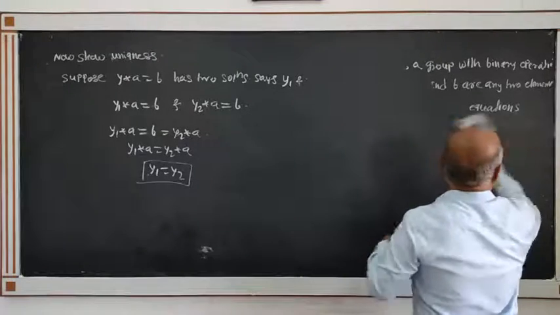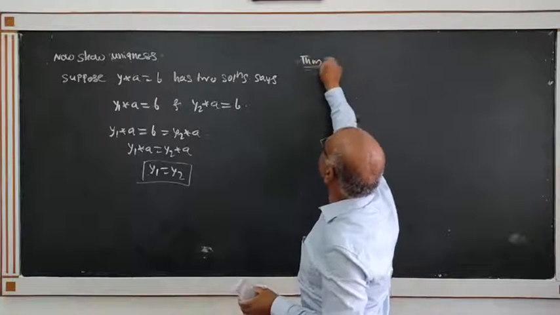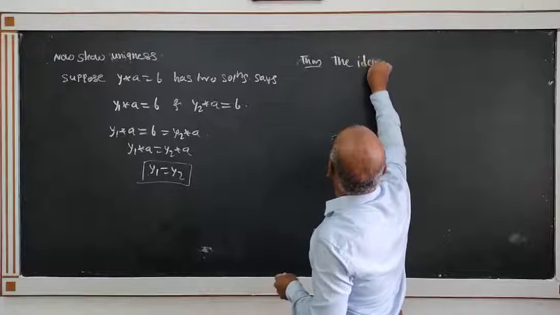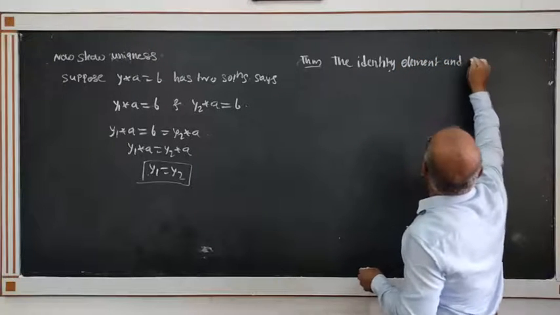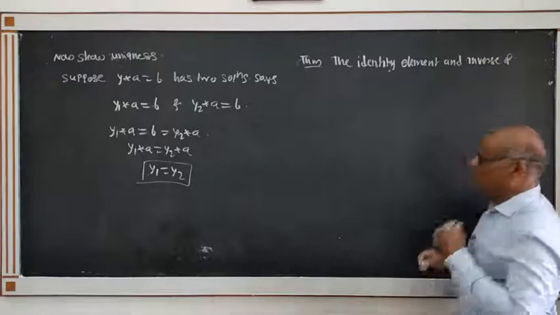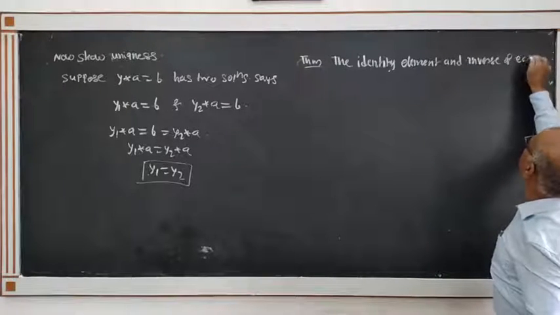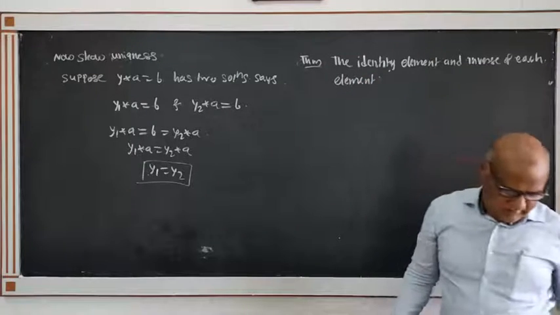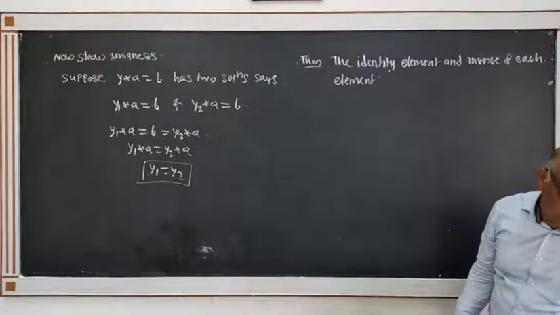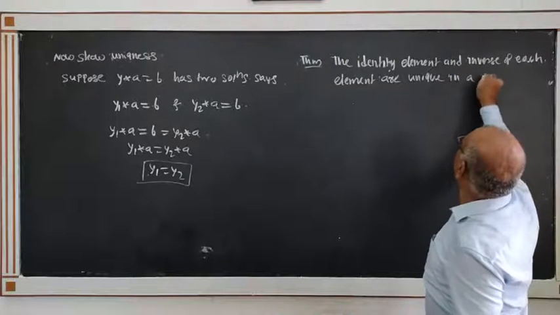uniqueness of identity and inverse. Third theorem: the identity element and the inverse of each element are unique in a group.